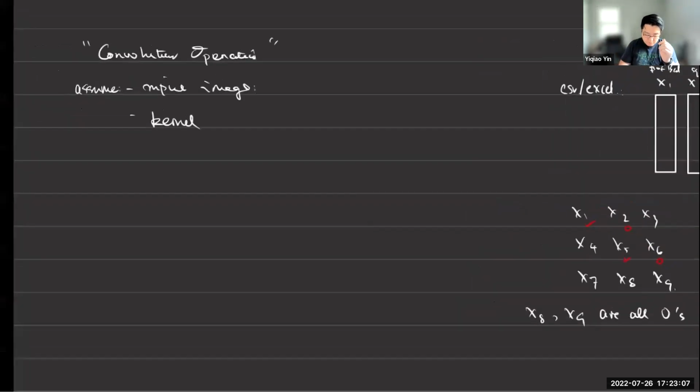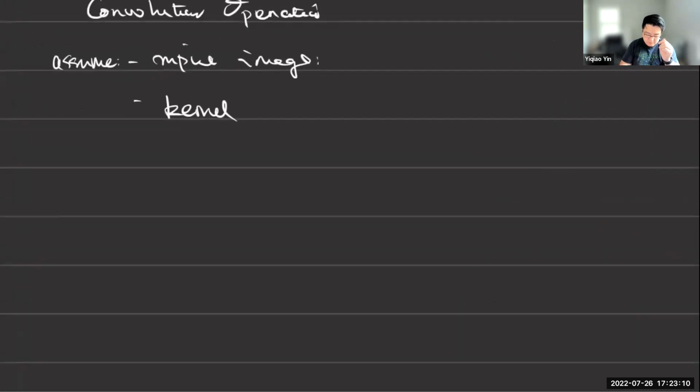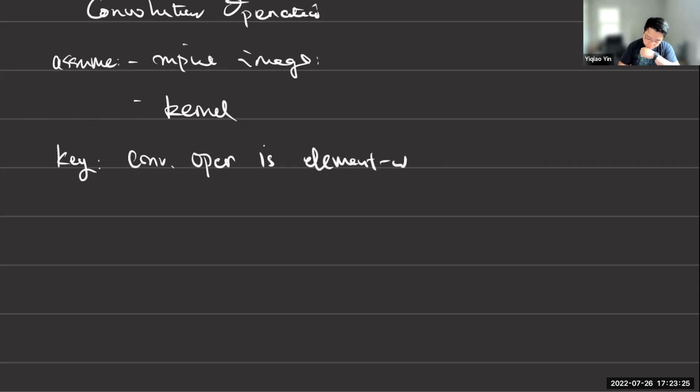All right. So with that being said, now let's talk about the convolution operation. On a high level, this is a key concept here. A convolution operation is essentially an element-wise matrix multiplication. So I'll write that down. This is element-wise matrix multiplication.